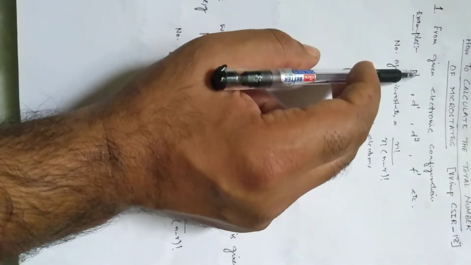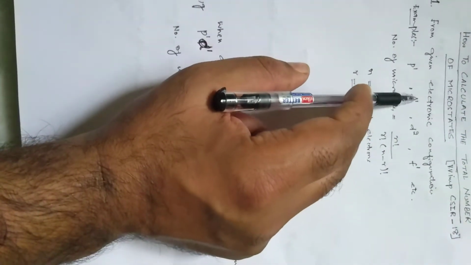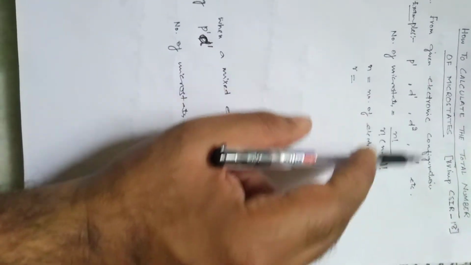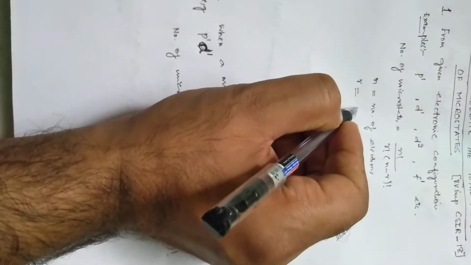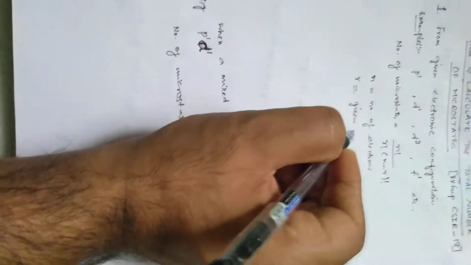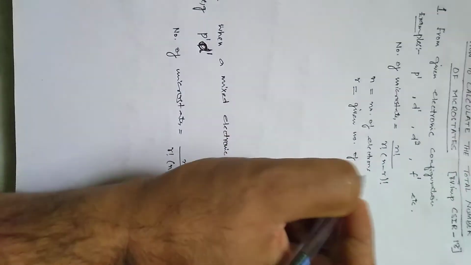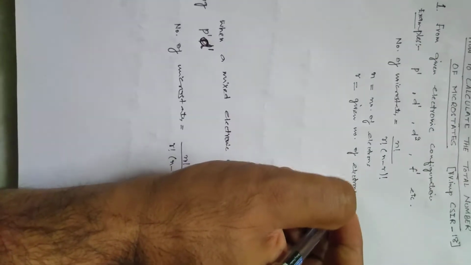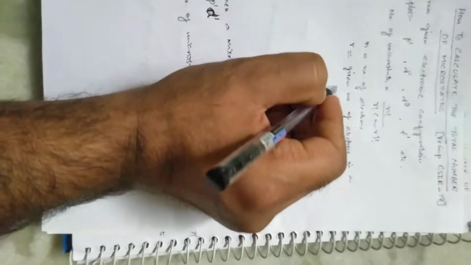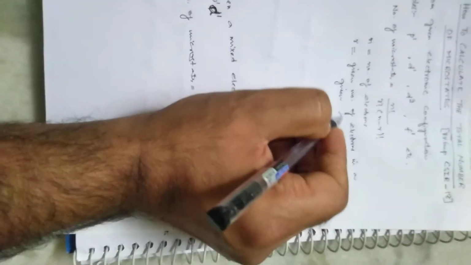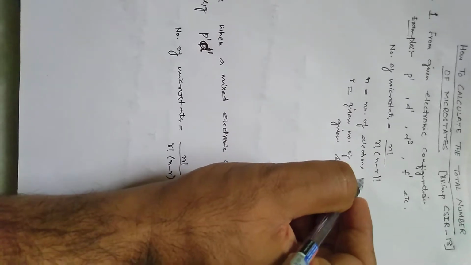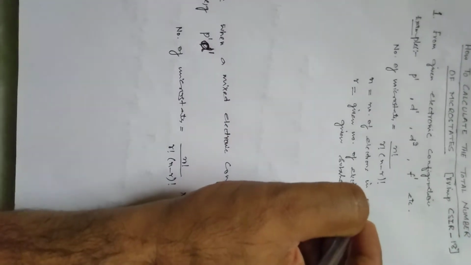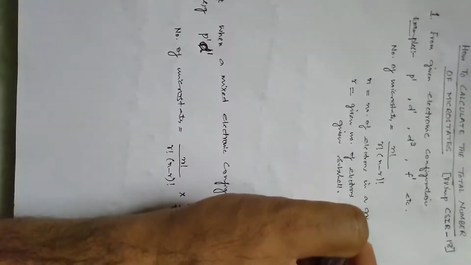Suppose for p1 we have 1 electron, d1 we have 1, d2 we have 2. So r is the given number of electrons in a given subshell. n is the total number of electrons that can be filled in a given subshell.